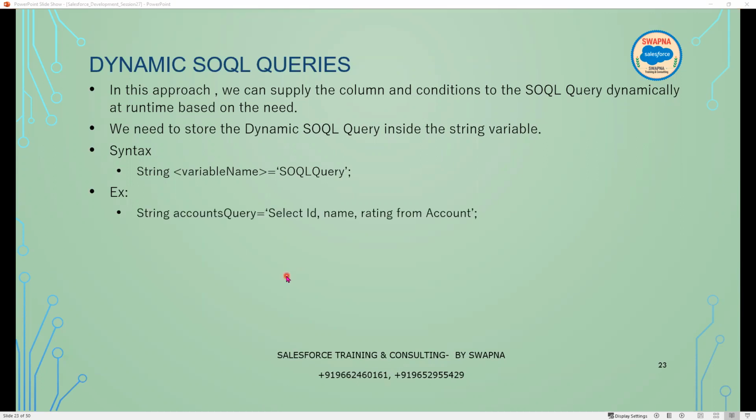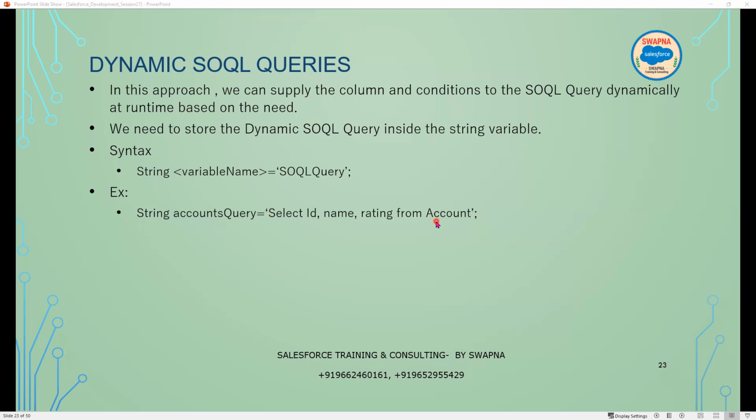Now an example: string account query equal to, I have written select ID, name, rating from account. So what we are doing is, instead of writing it in square brackets, I'm specifying it within single quotes. Here I have mentioned the hard-coded fields, but this is just an example.